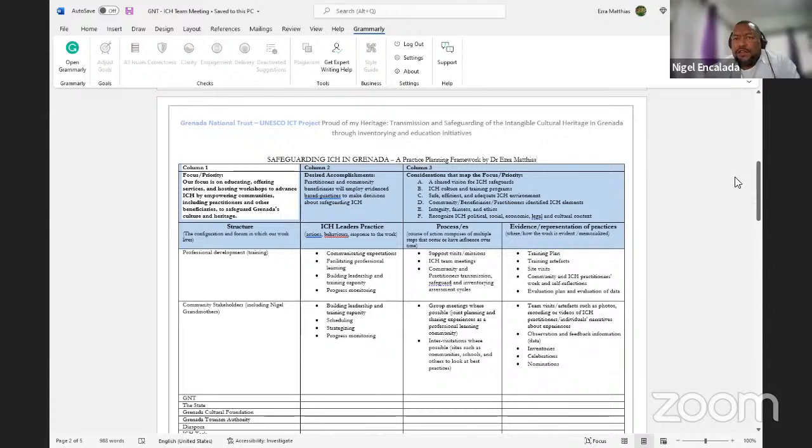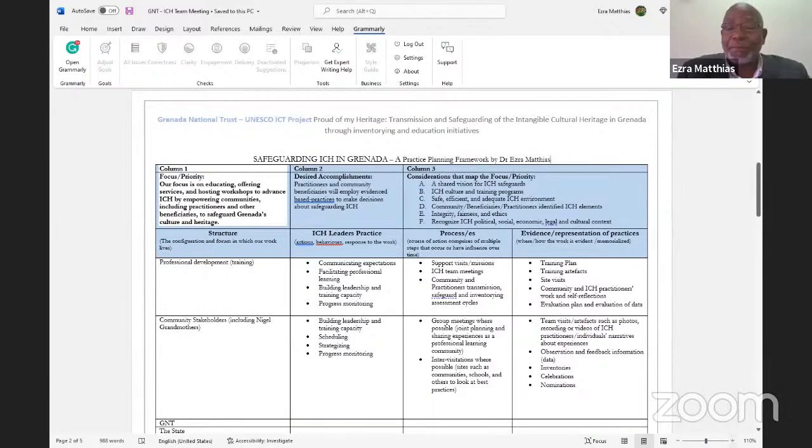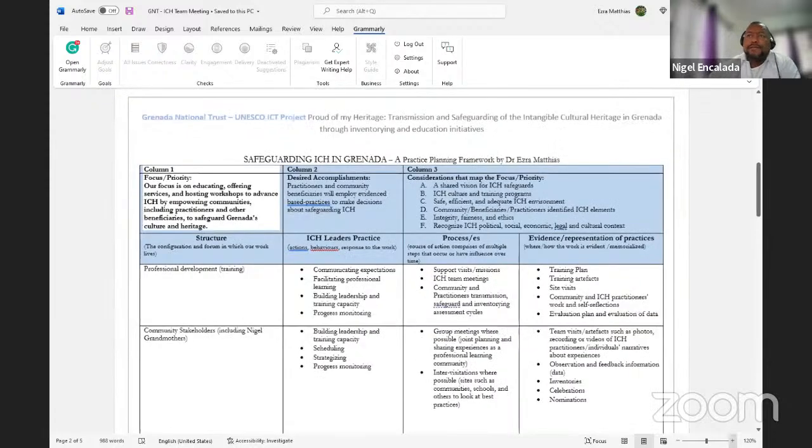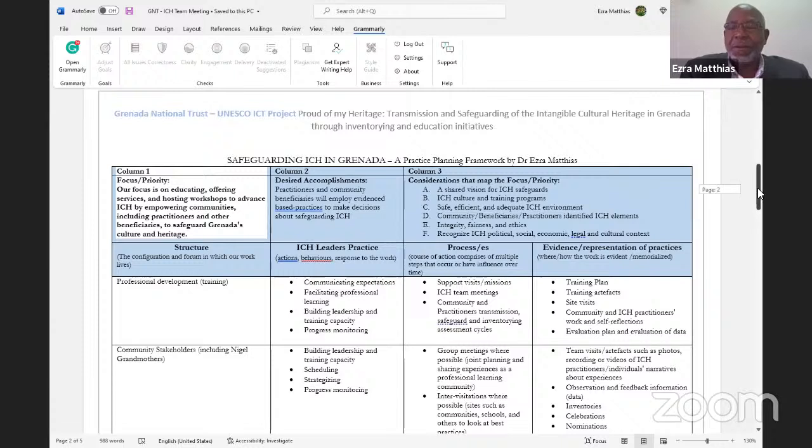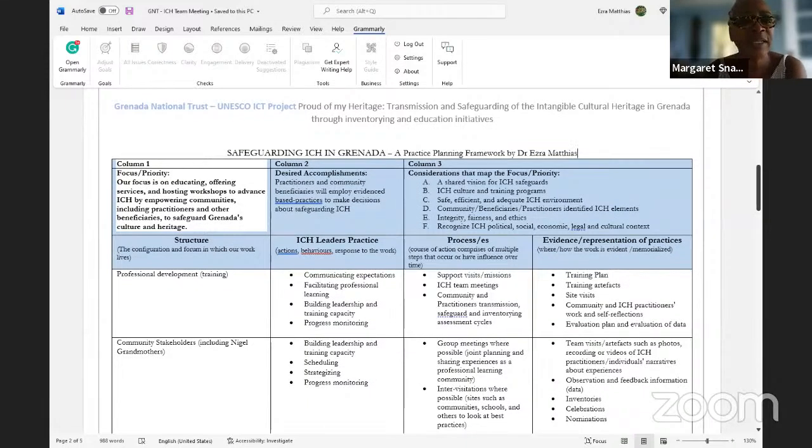You could increase the size just slightly, and then it'll fill the screen. Using the zoom feature at the bottom, lower right corner, just click the plus a couple of times. Is this better? Yeah, that looks manageable. Thank you. I wear glasses, but I can't see a thing.